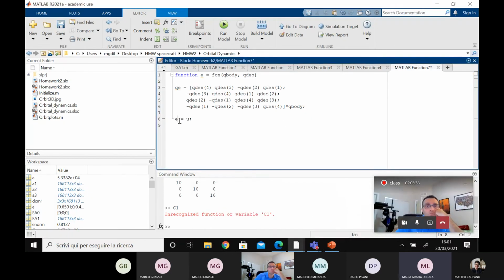Okay. And then I need just the first three components. I want a vector. Q, E, 3. So this should be the error quaternion. Sorry, the vector part.